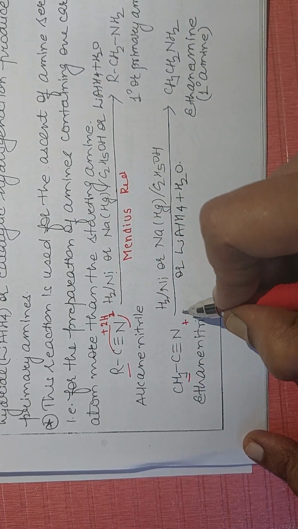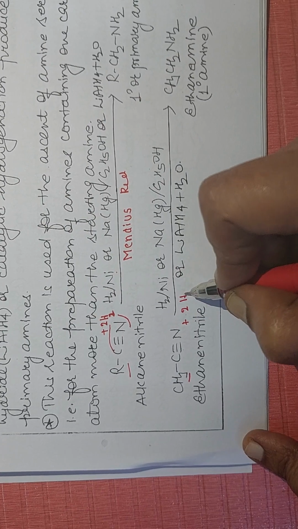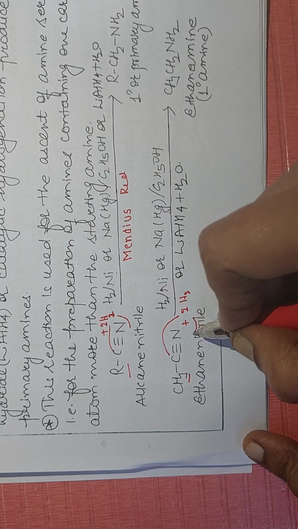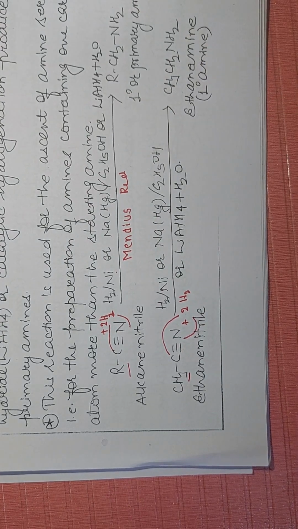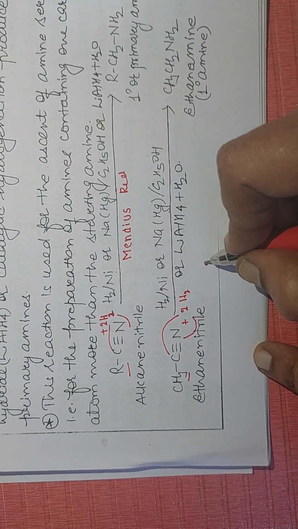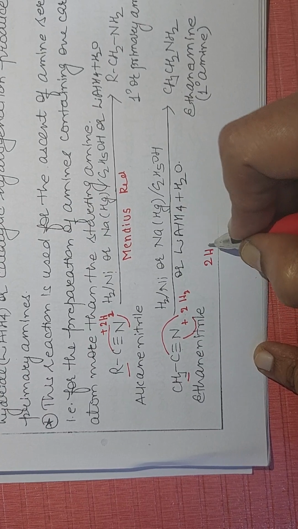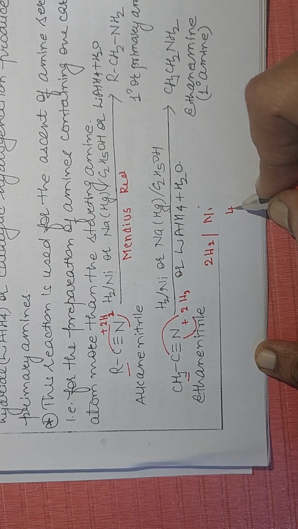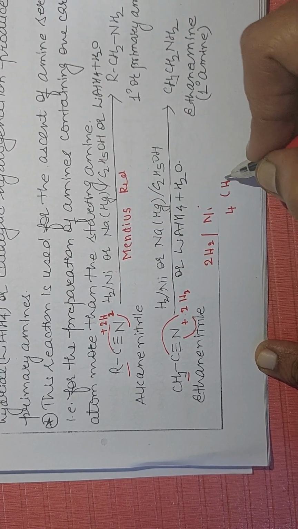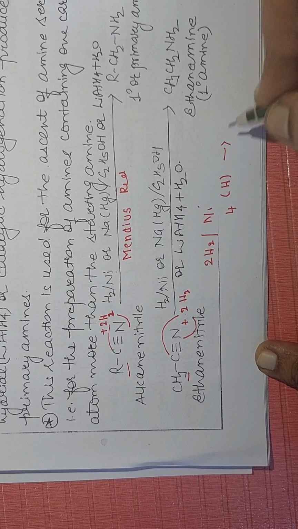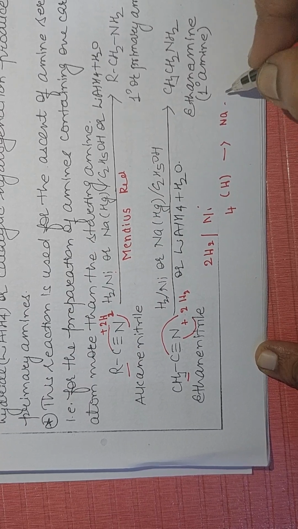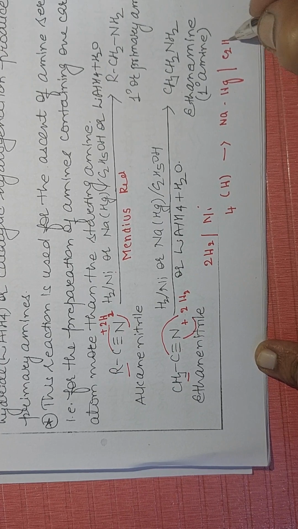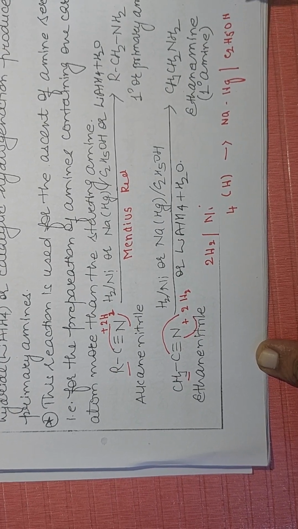Add two hydrogen molecules, just like the basic equation, one hydrogen molecule to carbon, second to nitrogen, we will get ethanamine. Either you can use two hydrogen molecules in the presence of nickel, or four nascent hydrogen produced by sodium mercuric amalgam in the presence of ethanol.